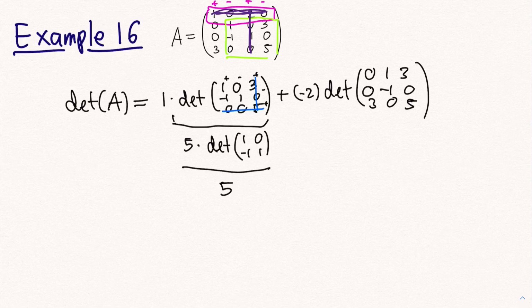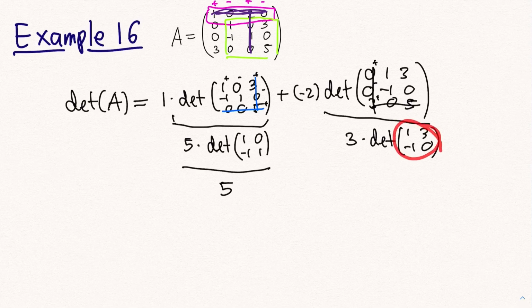And then we have this matrix here, where we could, for example, take the expansion with respect to the first column. So the sign is plus, minus, plus. So it's plus 3 times the determinant of this matrix here.